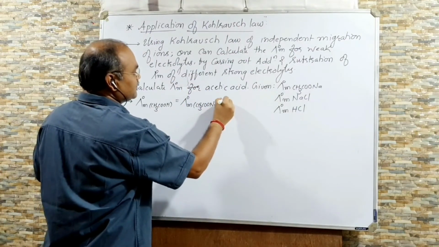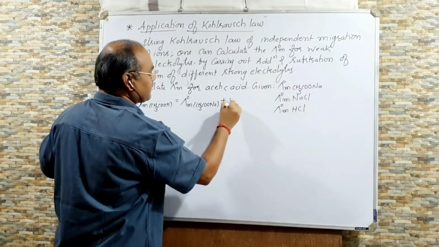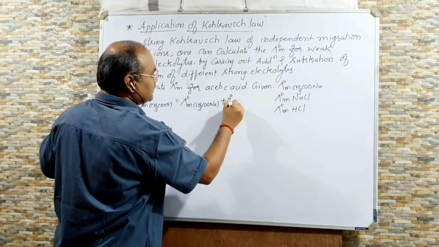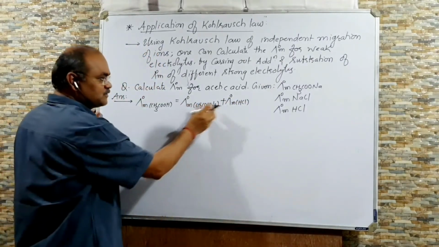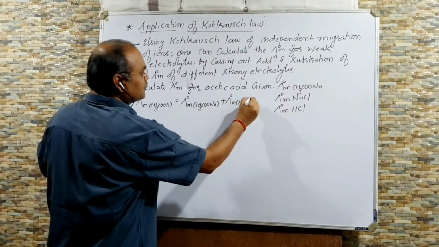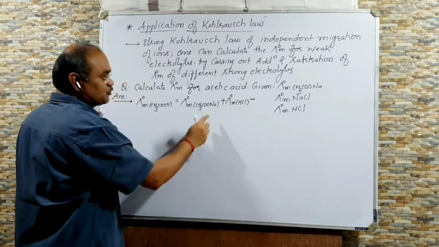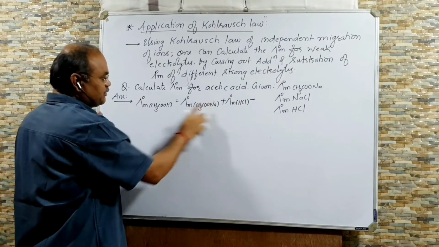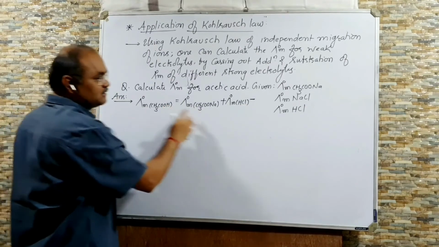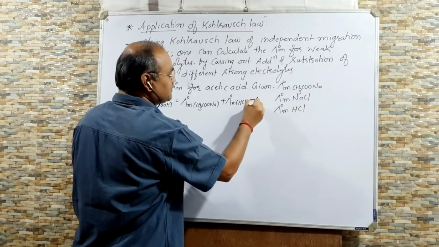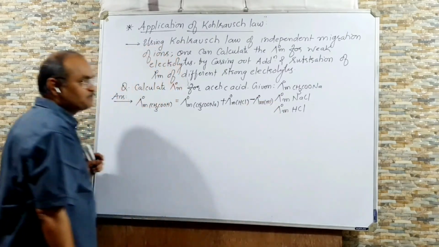Then plus I want H, which I will get from lambda 0 m HCl. Values will be given, you can put them, but right now we don't require them. Whether it is plus or minus, you have to decide. I want to cancel sodium and Cl, I don't require them. So this will be minus lambda 0 m NaCl.